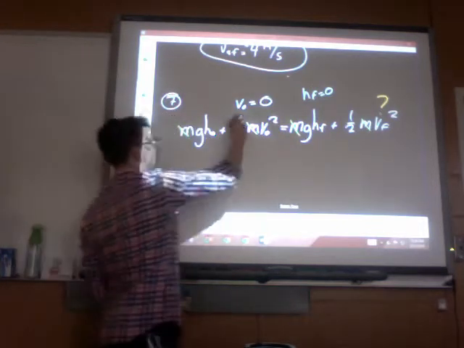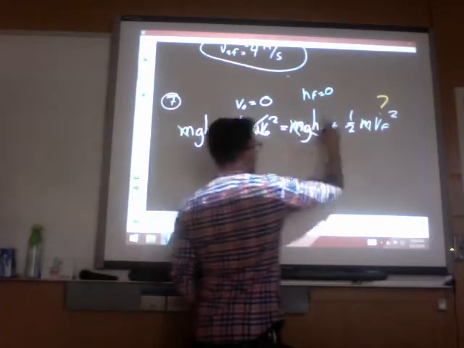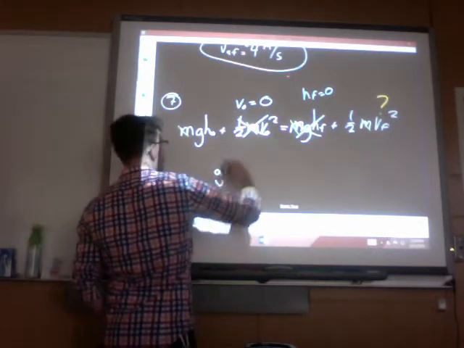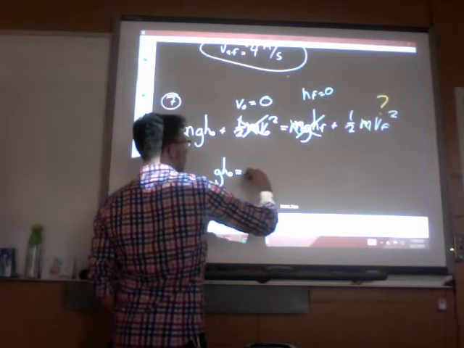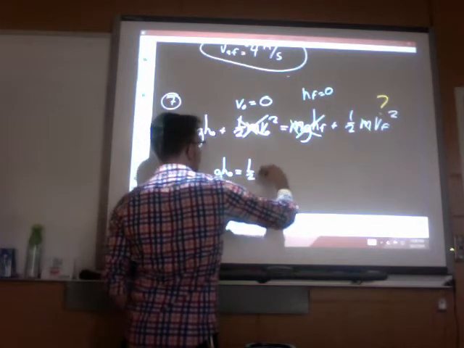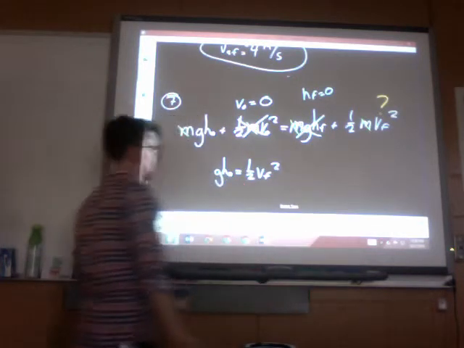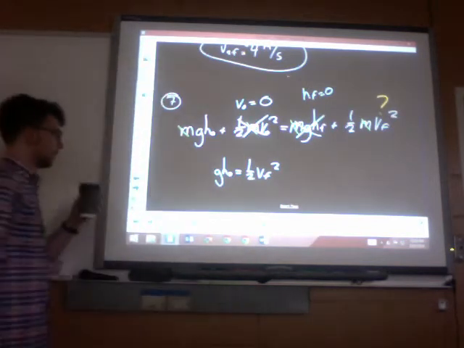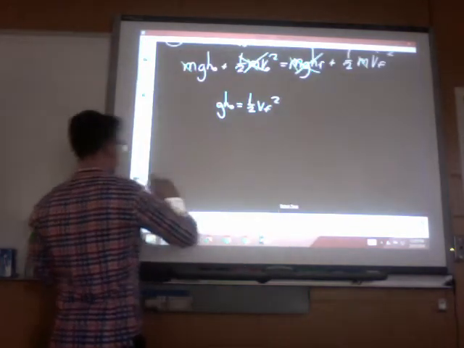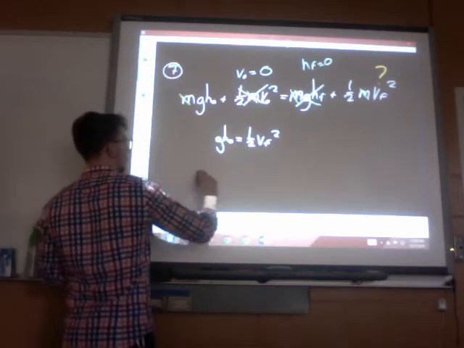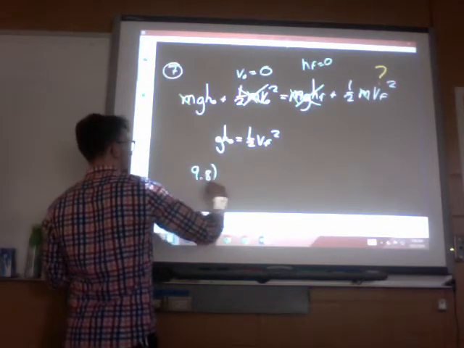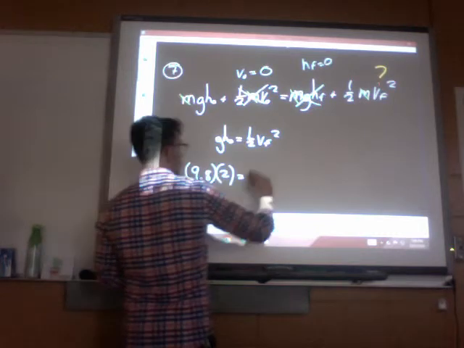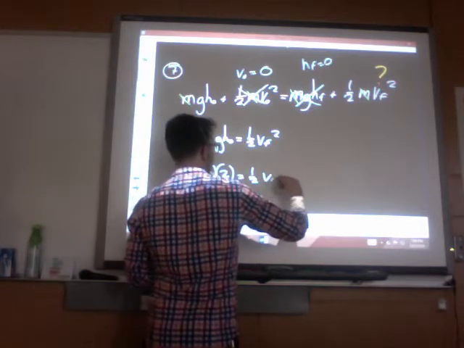So this equation cleans up real nice. Here's what we have left. GHO equals 1/2 VF squared. Beautiful. 9.8 times 2 equals 1/2 VF squared.